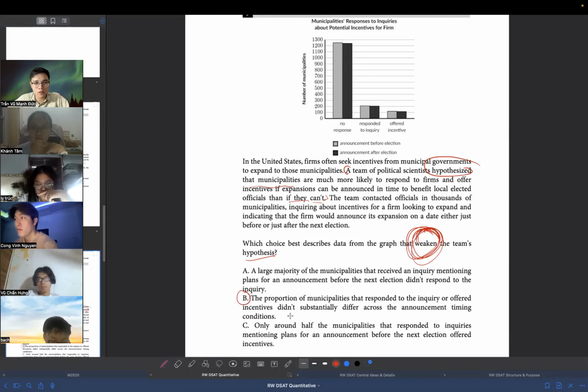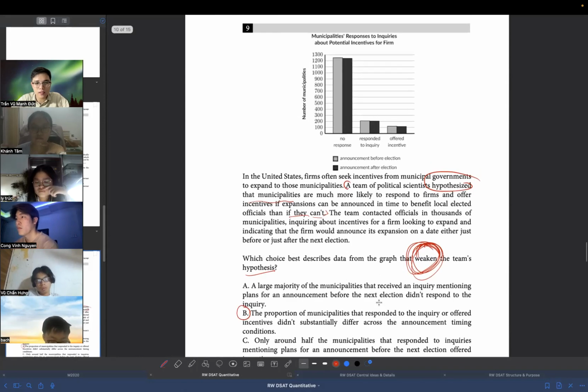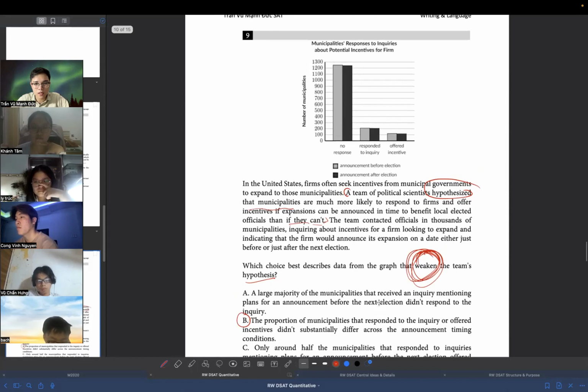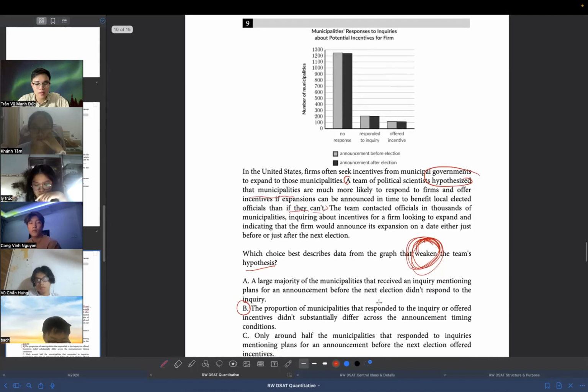The proportion of municipalities that responded to inquiry offered incentives didn't substantially differ across the announcement timing condition. This is B. No response.